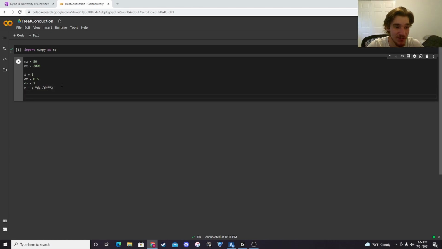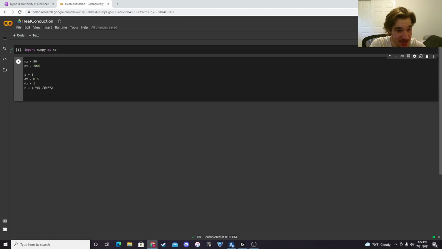Now that we have those basic variables out of the way, let's think about what we're going to be doing. We have a bar, and we're going to be measuring the temperature, the thermal conductivity of the bar. We're going to need an array for the temperature that has the same number of elements as our increments.